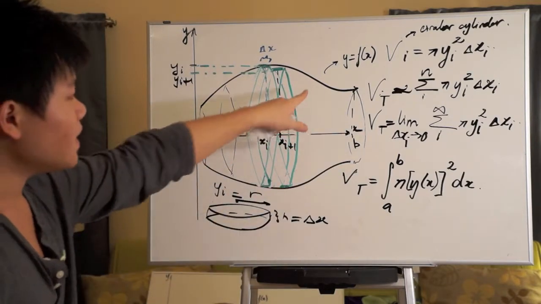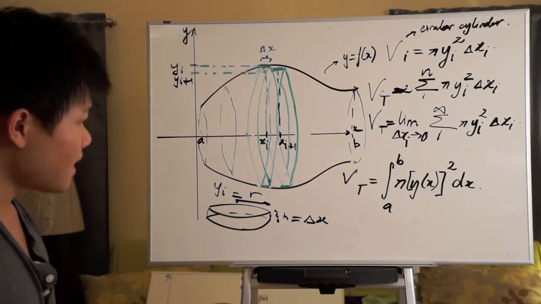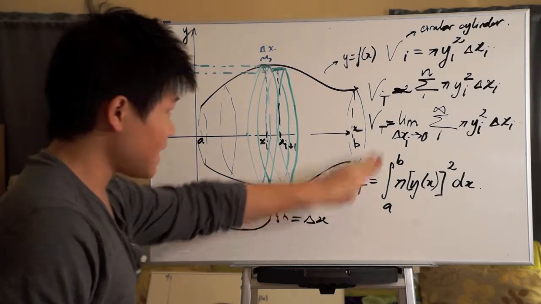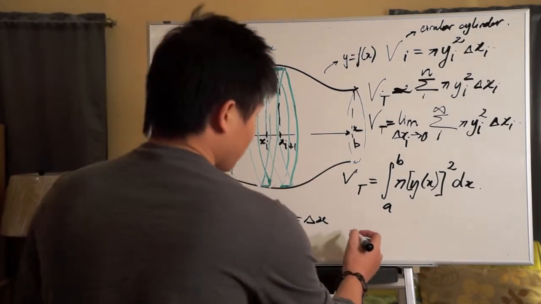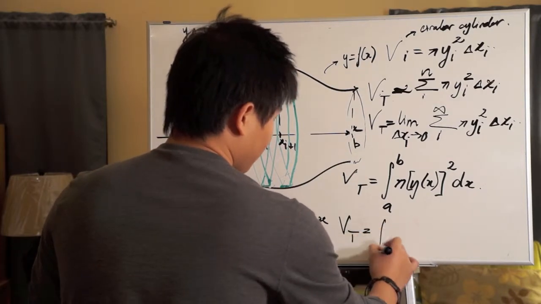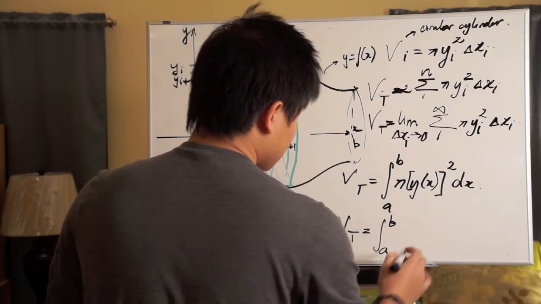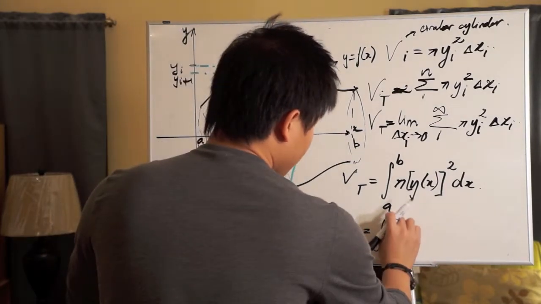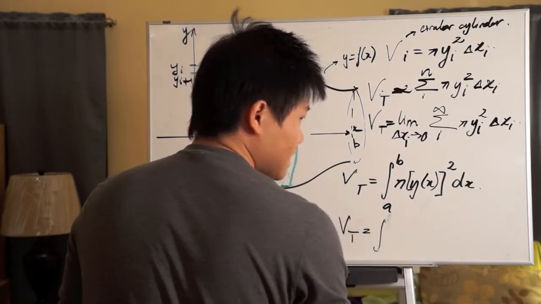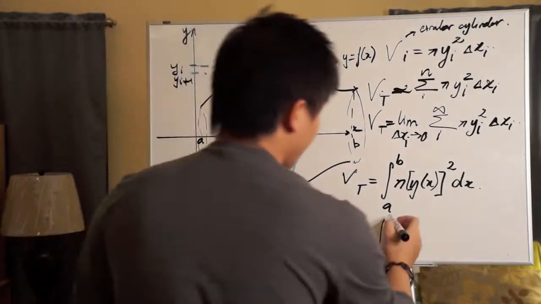What happens when the function revolves around the y-axis? It's the same derivation, but we change the dependent and independent variables. Instead of going from a to b, it goes from c to d, for y now, because it's revolving around the y-axis.